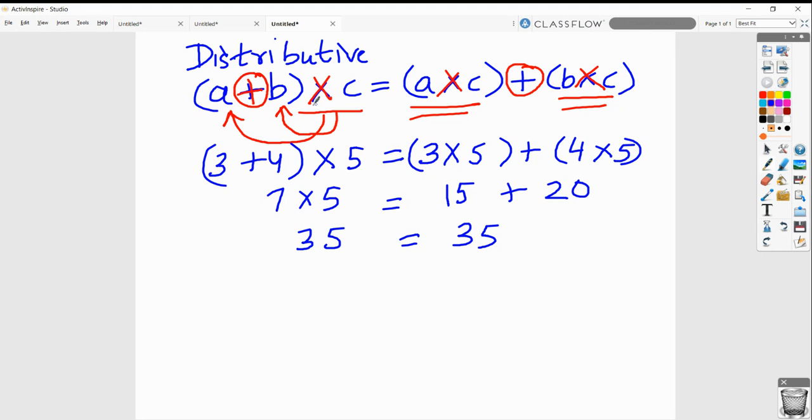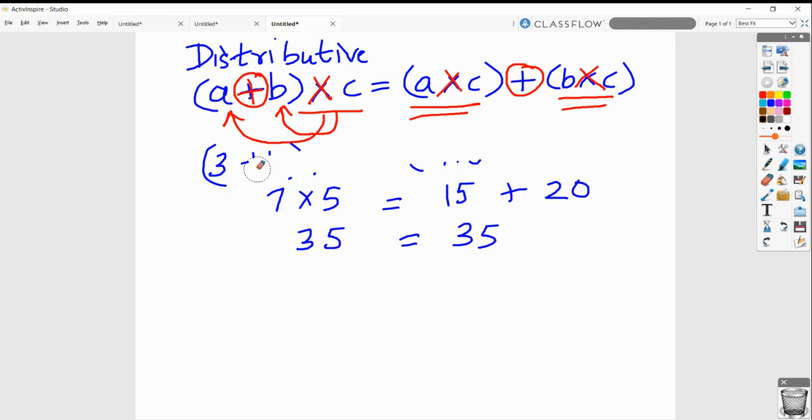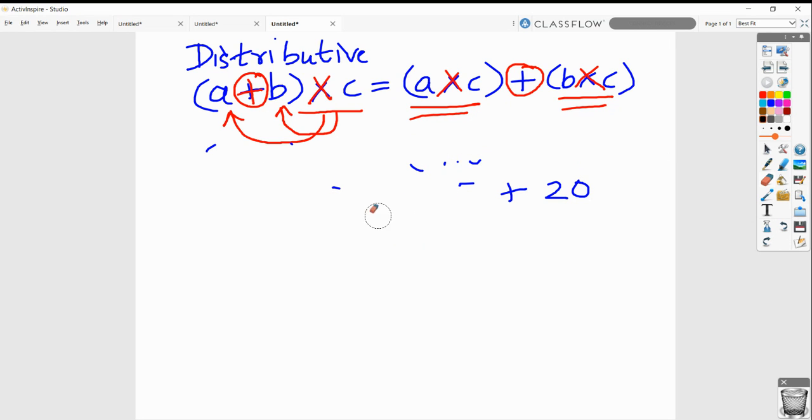That means you can distribute the multiplication over an addition in between. Now, why I tell this is the most helpful of all properties is that this will help you in very complex operations, right?